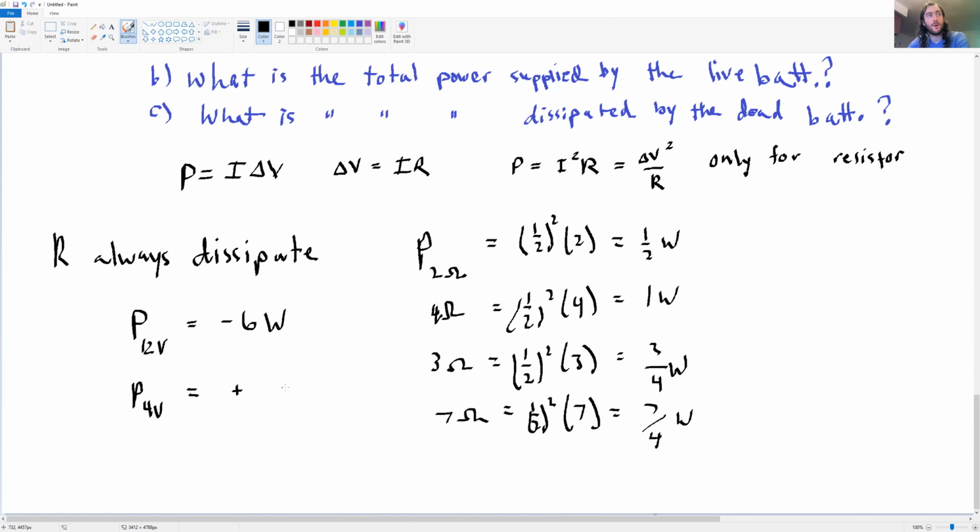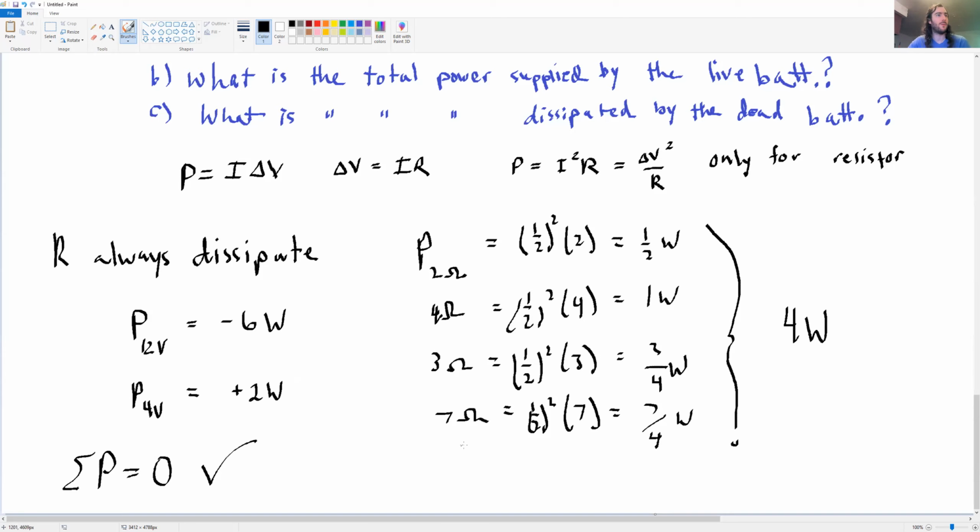It's dissipating power, even though it's an EMF source, positive 2 watts. If I add all of these up, I should end up with power balance, and I can already see that just quickly calculating in my head here. These total 4 watts, and so power balance is achieved here. The sum of the powers is equal to 0, so power balance is achieved.